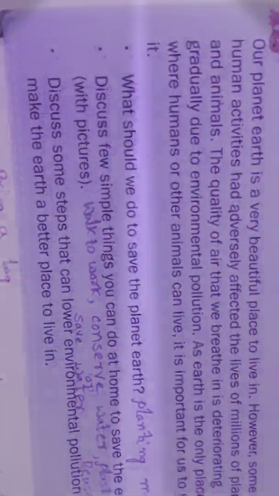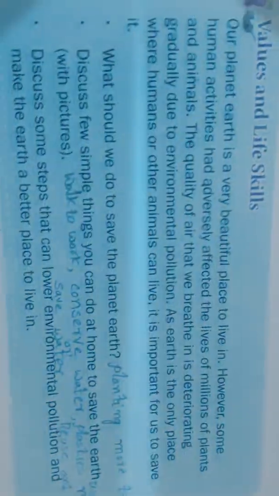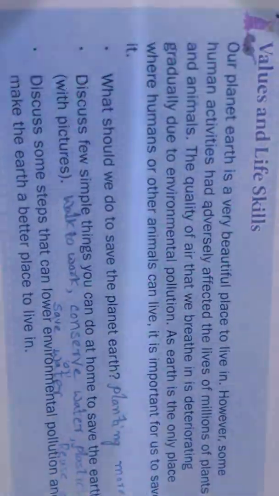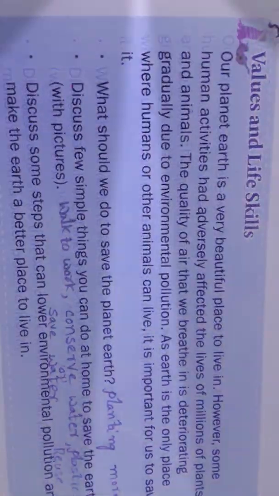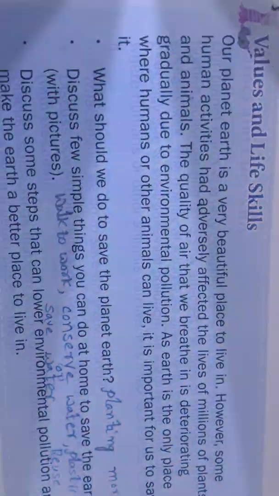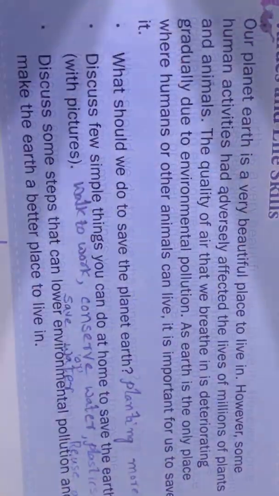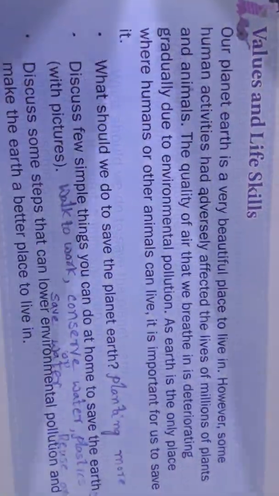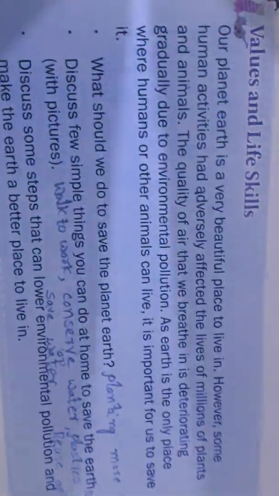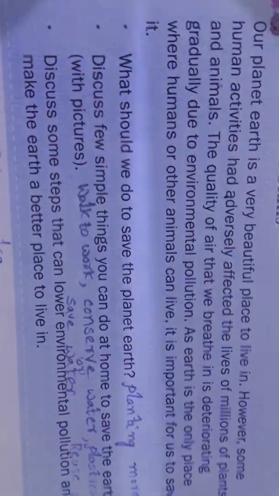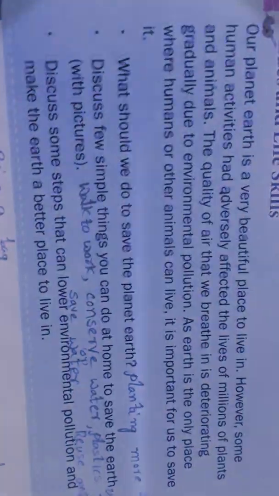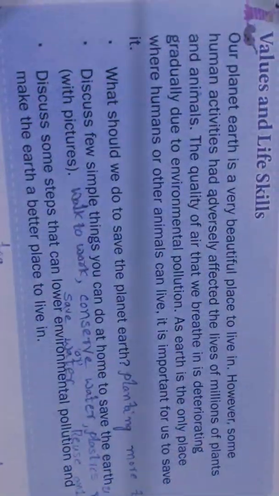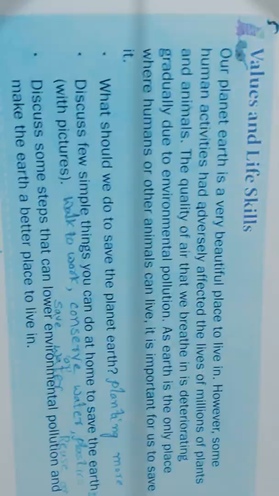It is absolutely correct. The quality of air that we breathe in is deteriorating gradually due to environmental pollution. As Earth is the only place where humans and other animals can live, it is important for us to save it. It's very correct, because we have to protect the planet Earth.